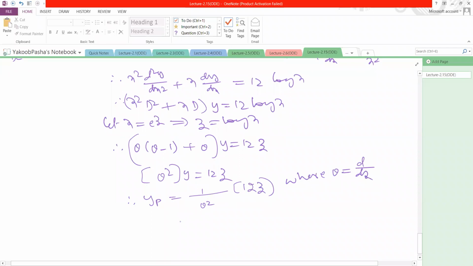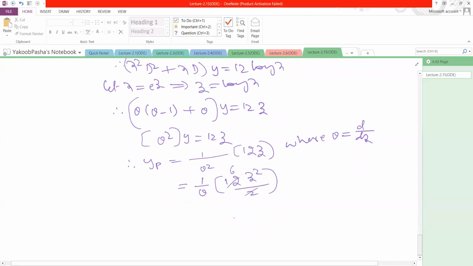So 1 by theta square means 2 times integration. 1 by theta of 12 into z, integration gives z square by 2. And again integrate to get 6 into z cube by 3.